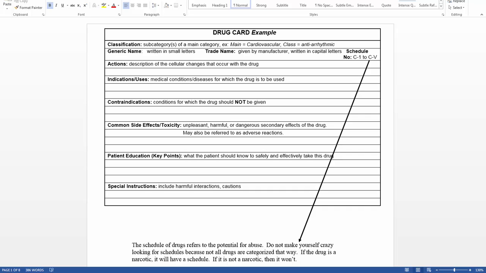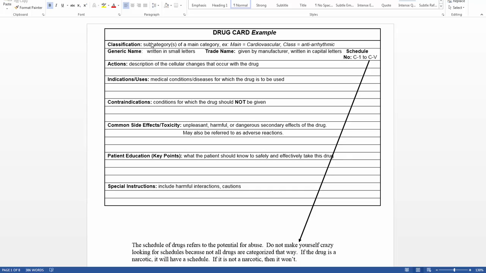So what you'll be doing in particular, and I've given you an example, is you'll be writing the information about the drug cards. So you'll be setting the classification. This would be like, what type of drug is it? For example, Lasix is a diuretic.